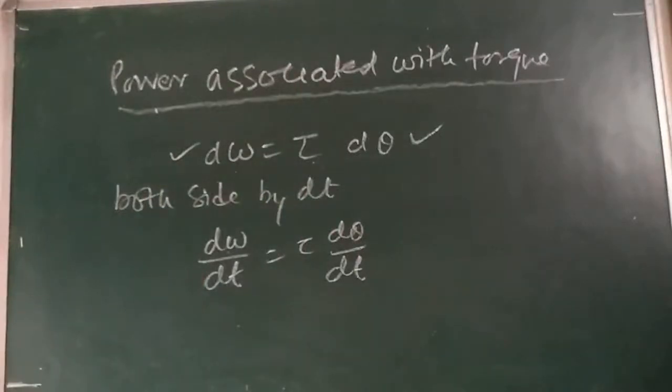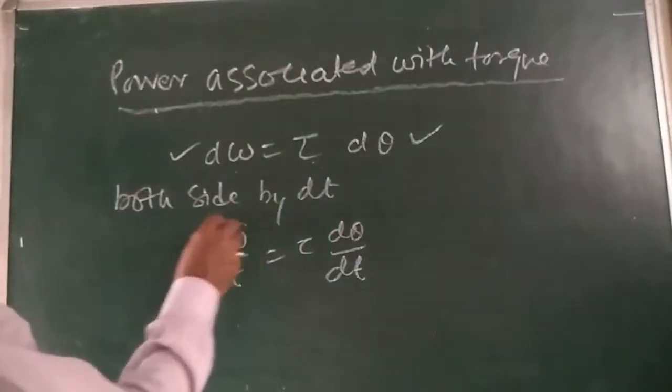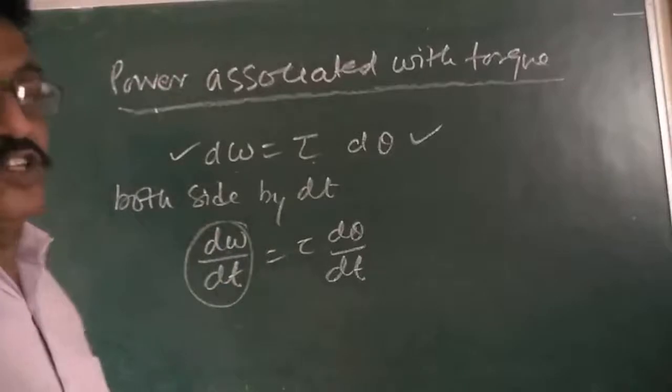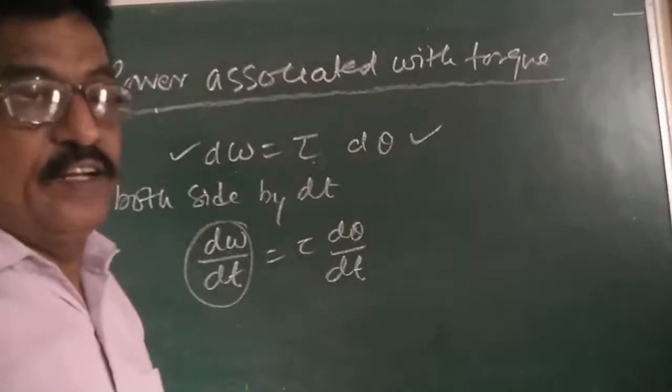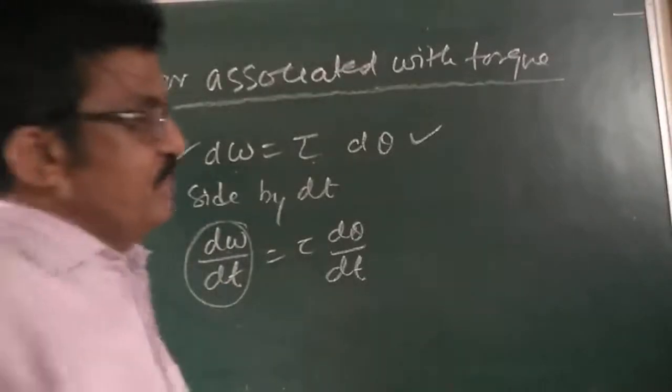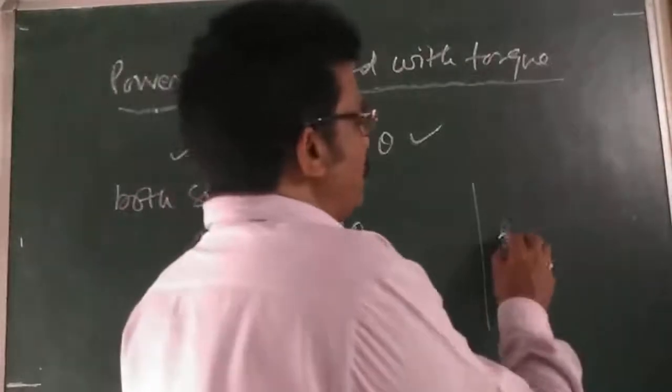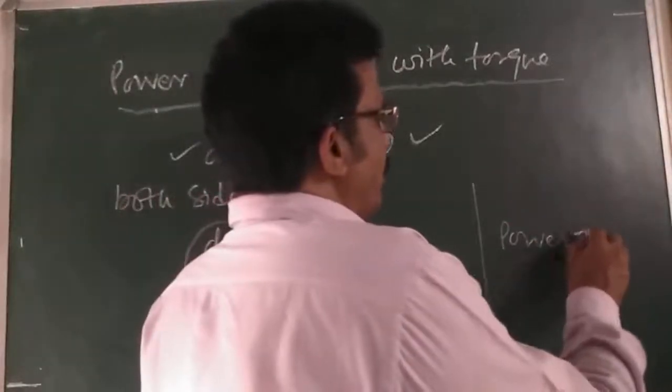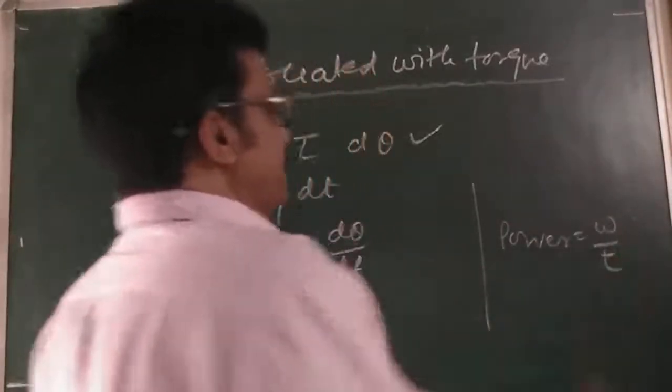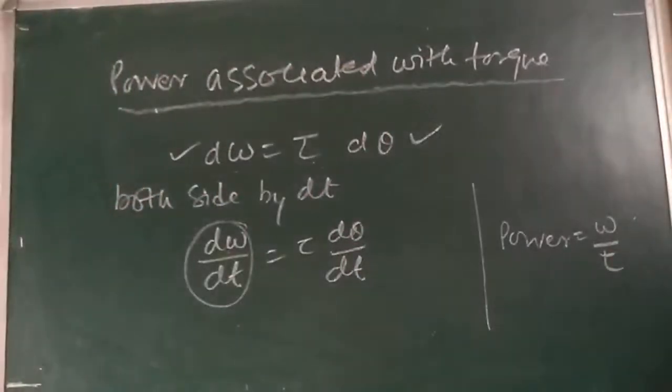So what is dW by dt? That we have also seen earlier. Work upon time is power. So power is equal to work upon time, and we can write it here as P. It is the average power associated with the torque.